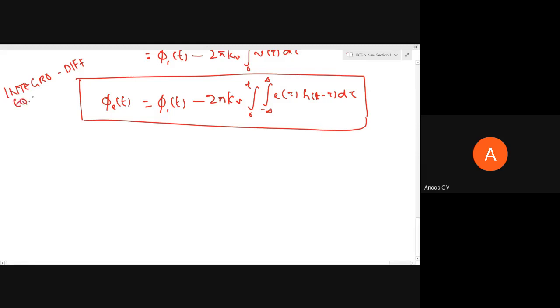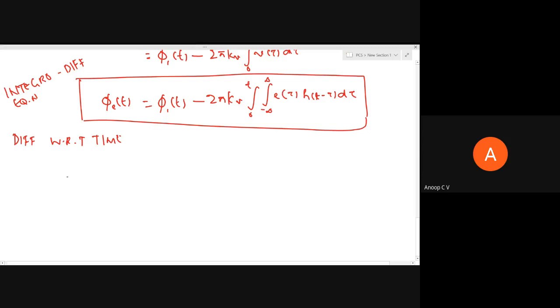You might have studied that while modeling mechanical systems as electrical systems. Have you come across that in the control system part? You might have.